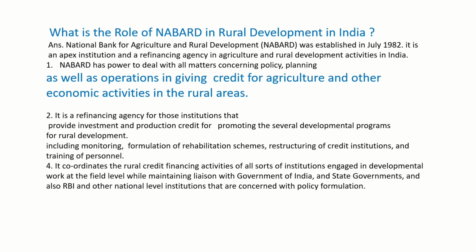It is a financing agency, and it provides investment and production credit for promoting several developmental programs in rural areas. It coordinates the rural credit financing activities of all sorts of institutions engaged in rural development.